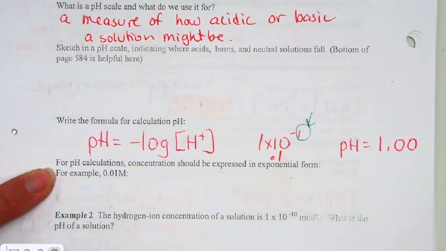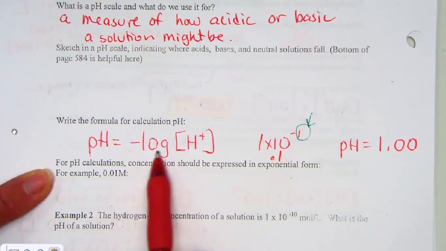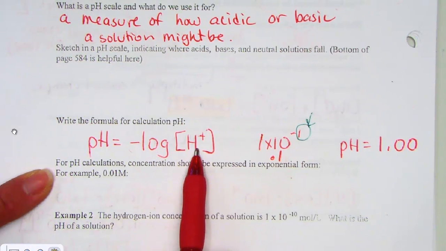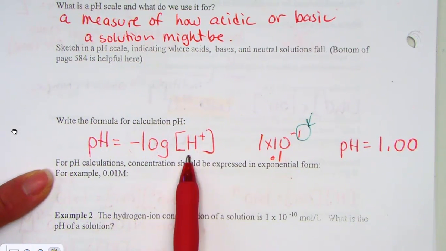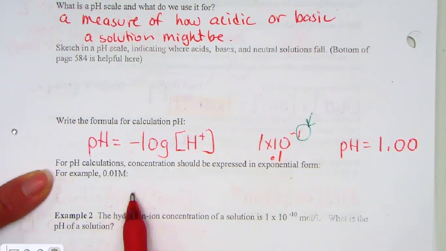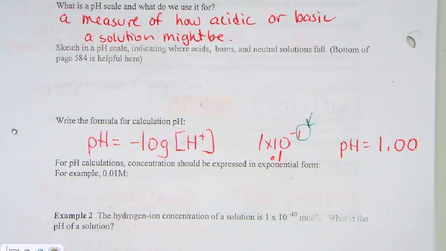If we know the concentration of hydrogen ion, we can hit negative log concentration of H+, and we can turn our decimal, the molarity unit in a decimal, into an integer between 0 to 14. Give us an idea of how acidic or how basic our solution is.